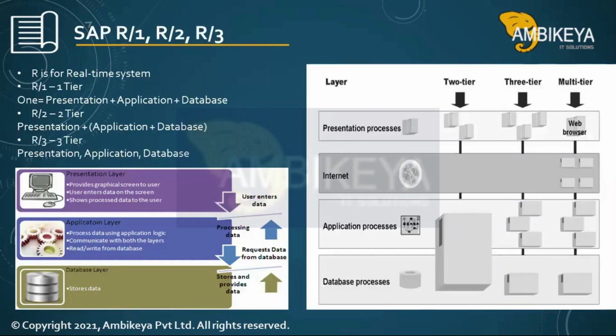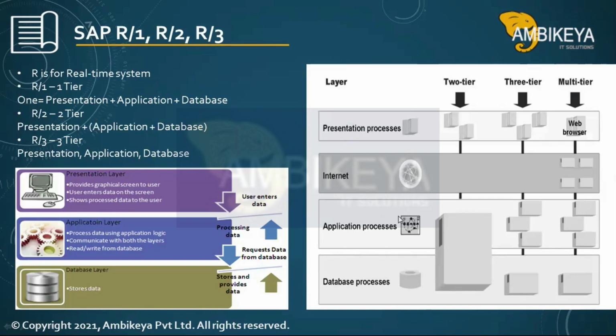Then what is next is the different layers of architecture. Right now in SAP we are on a multi-tier architecture. When SAP started in the 90s, they were using R1, like one tier. In SAP we have different layers. One is the database layer where our actual data lies. Then the application layer, then the presentation layer.